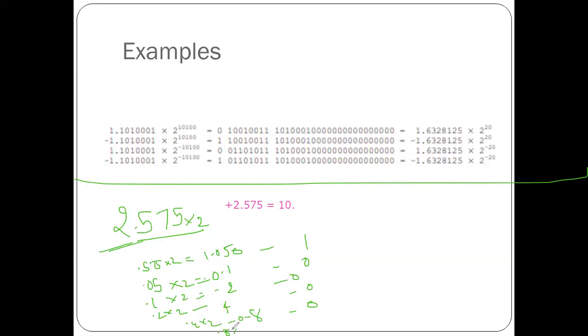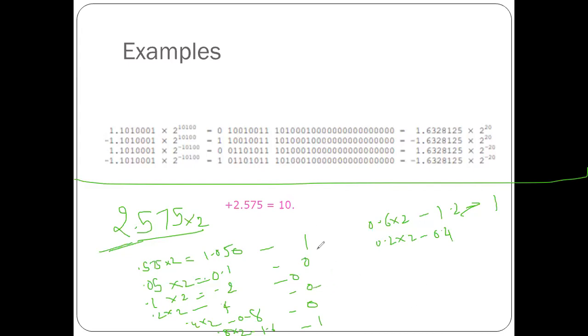So 0.8 into 2, 1.6, 1. 0.6 into 2, 1.2, 1. And again 0.2 into 2, 0.4, it repeats. The cycle repeats from here continuously.